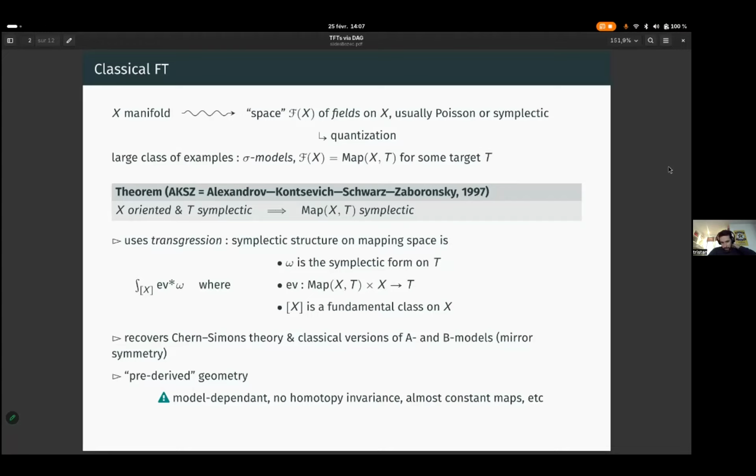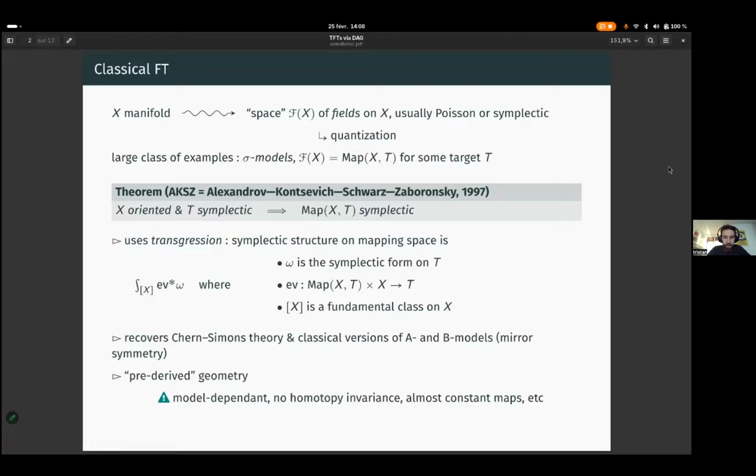To recover the famous theories, for instance Chern-Simons theory, which we will meet again later, essentially the target looks like BG, the classifying space of, say, a reductive group, or some versions of the A model and the dual B model in mirror symmetry. These ones I won't talk about much in the sequel. This is from back in 1997.